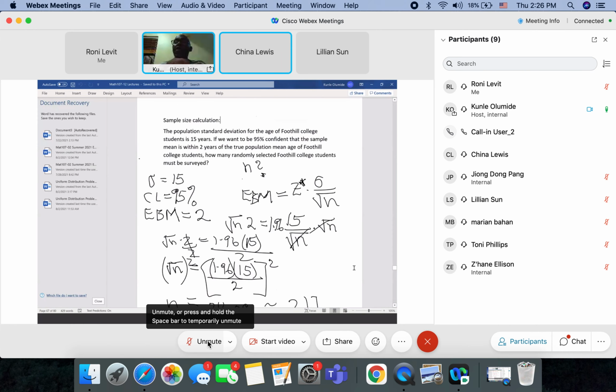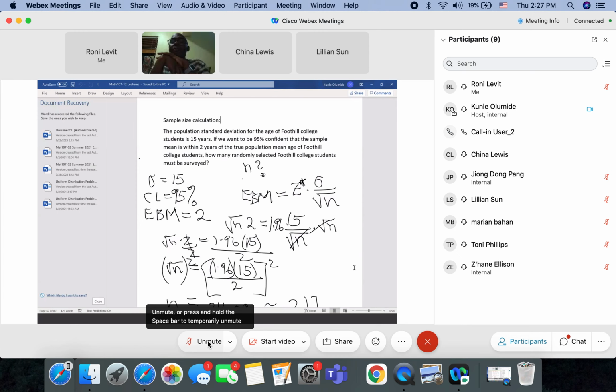So we need to find a way to bring n into the numerator. So multiply both sides by square root of n. The square root of n on the right side in the denominator is going to cancel out, and you're going to have square root of n times 2 on the left hand side equals 1.96 times 15.